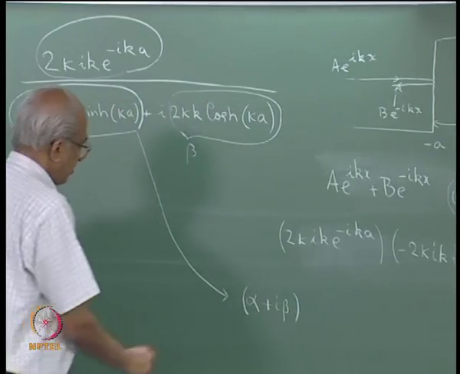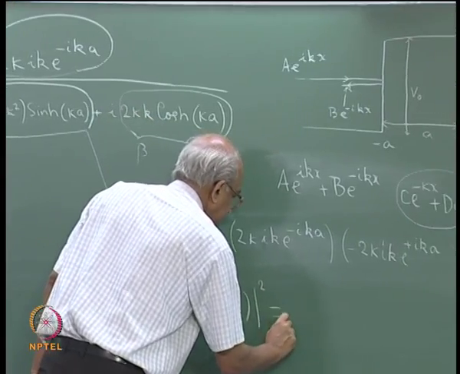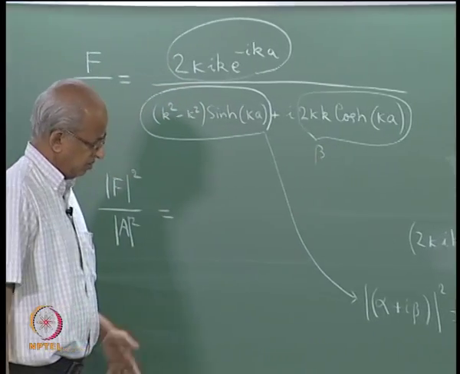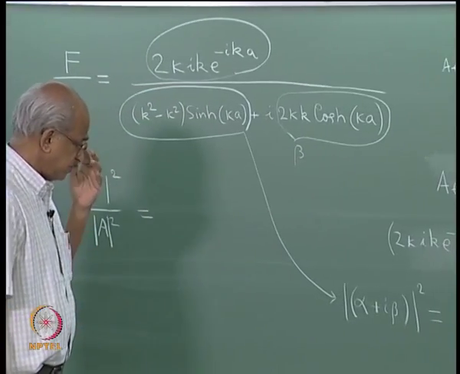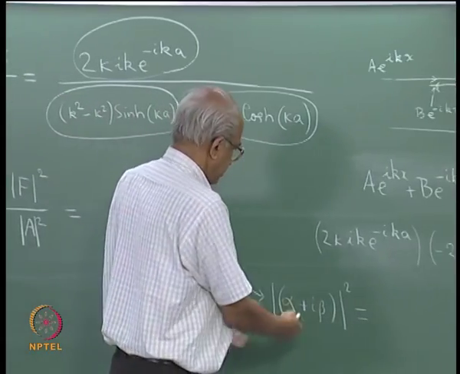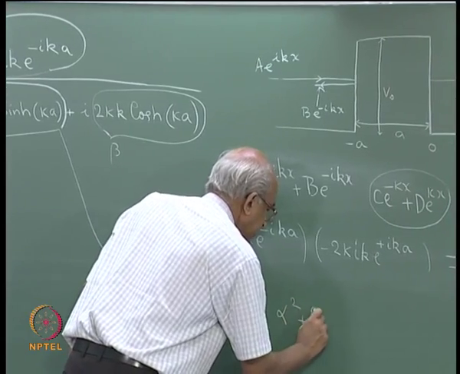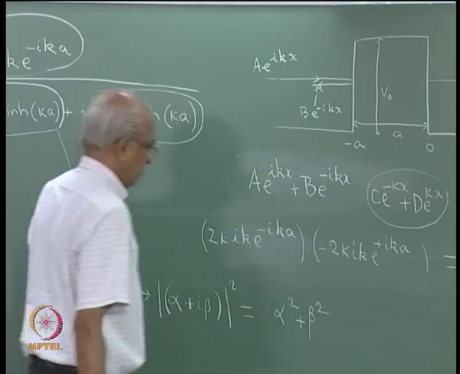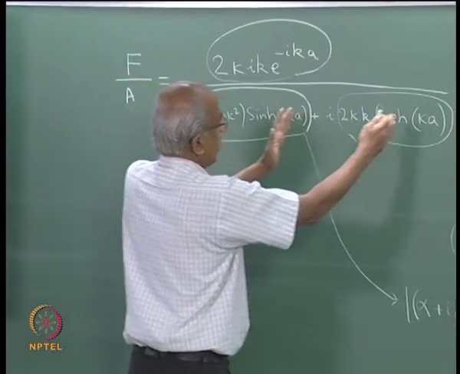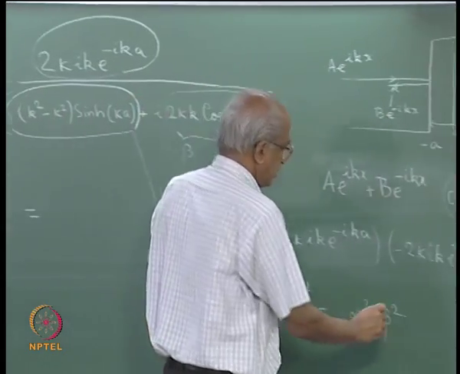And I want to calculate the magnitude of this squared, and if you know a little bit about complex numbers, you would realize that this is nothing but alpha squared plus beta squared. And so what I have to do is take the square of this, add to it the square of that. So what would be the result?